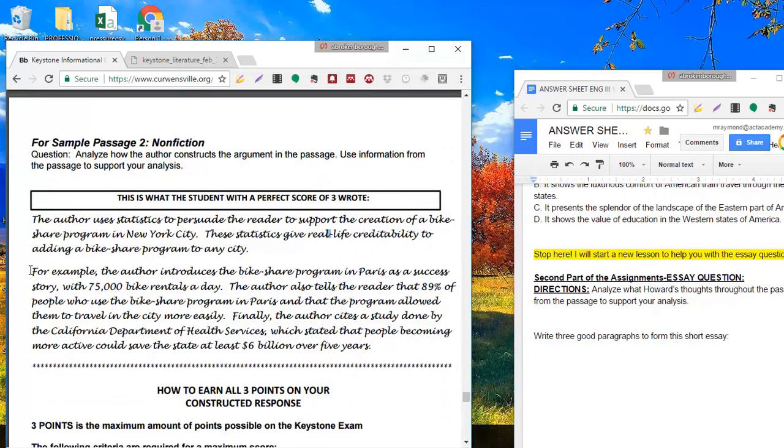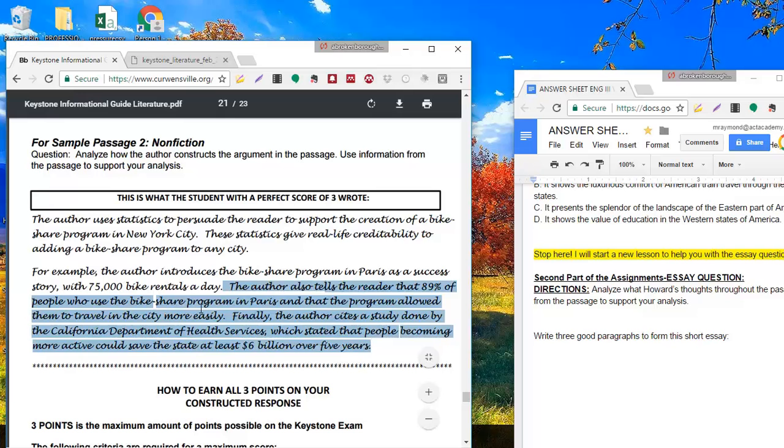And then the student goes on, for example, the author introduces the bike share program in Paris as a success story with 75,000 bike rentals a day. The author also tells the reader that 89% of people who use the bike share program in Paris said that the program allowed them to travel in the city more easily. Finally, the author cites a study done, and so on.